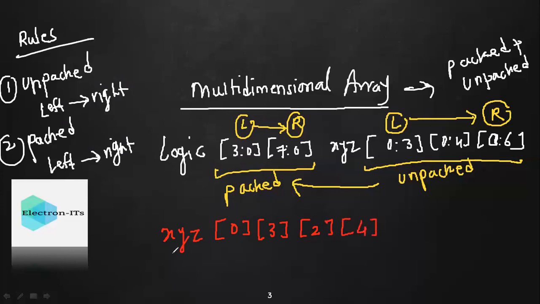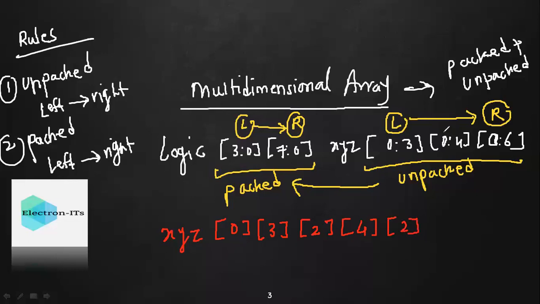So I want to find this element of this array, 0, 3, 2 and 4. How will we find it, and where do we have to find it from? Actually one more element should be there, so let's say it is 2.